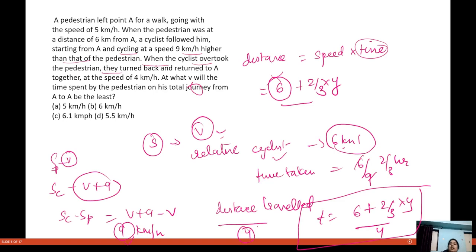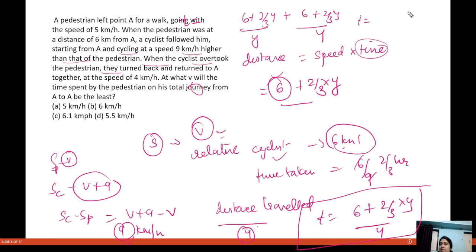And the total time taken is (6 plus 2 by 3 into y) divided by y, plus (6 plus 2 by 3 into y) divided by 4. This is the total time taken by the pedestrian.